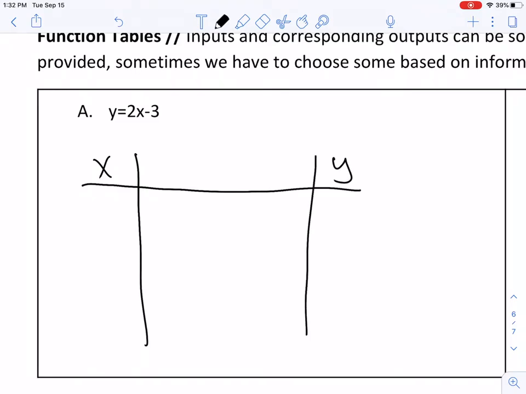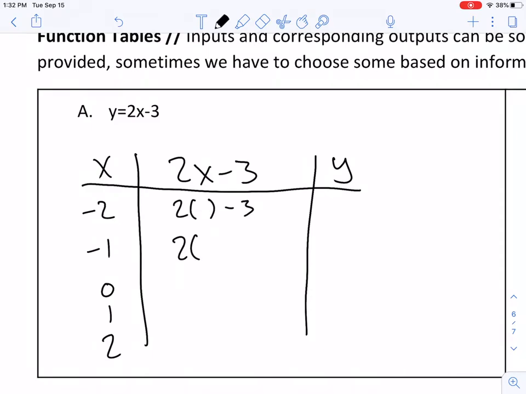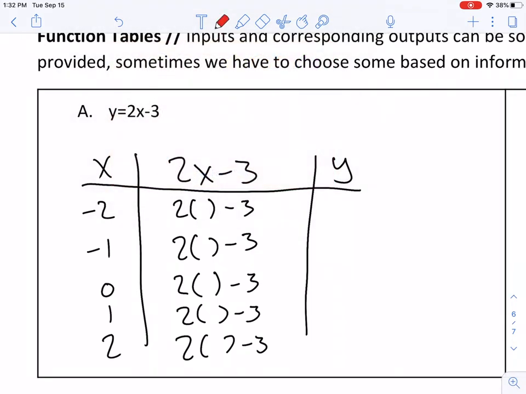If we made x a -2 or a -1 or a 0 or a 1 or a 2, and we plugged it into the function 2x minus 3, so we're going to replace x with each one of these. What do we get for y? So let's go through and replace. I'm going to replace this with a -2, a -1, 0, 1, and 2. And I'm going to solve each one out using some mental math.